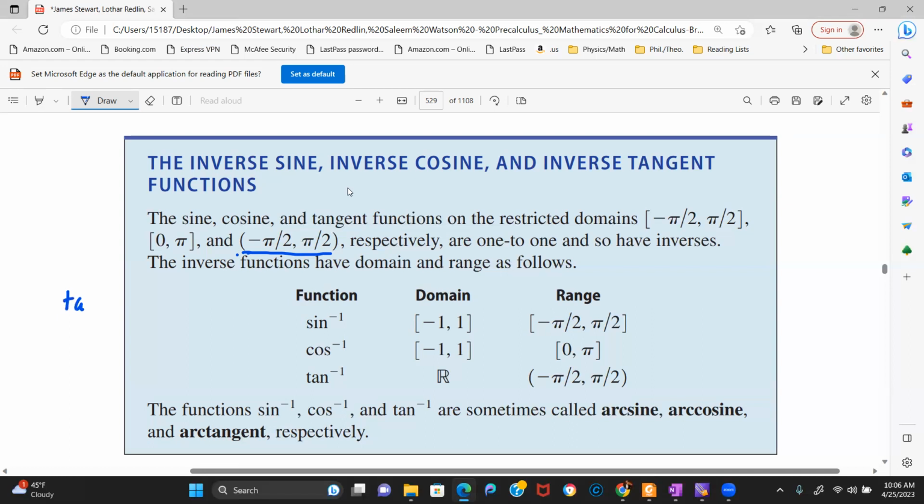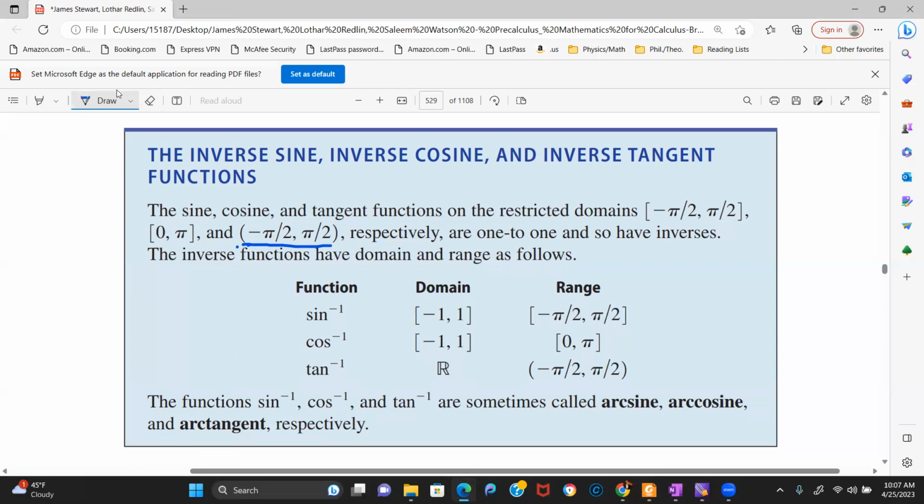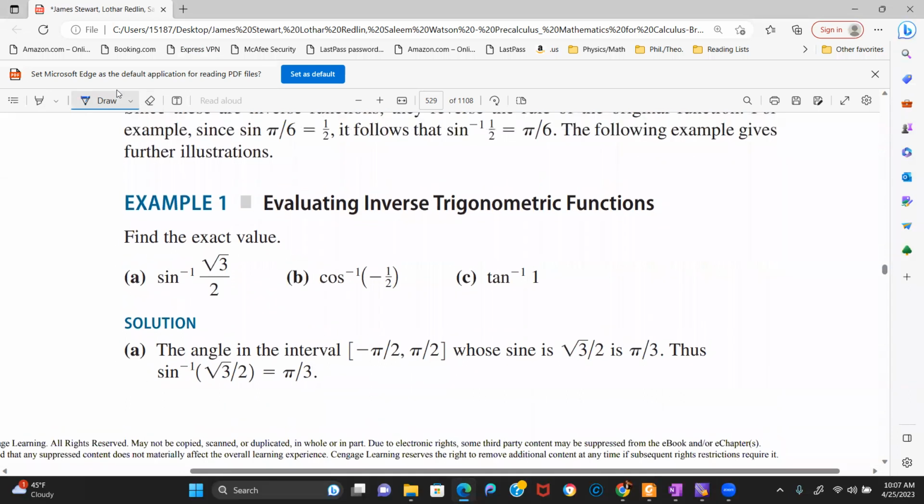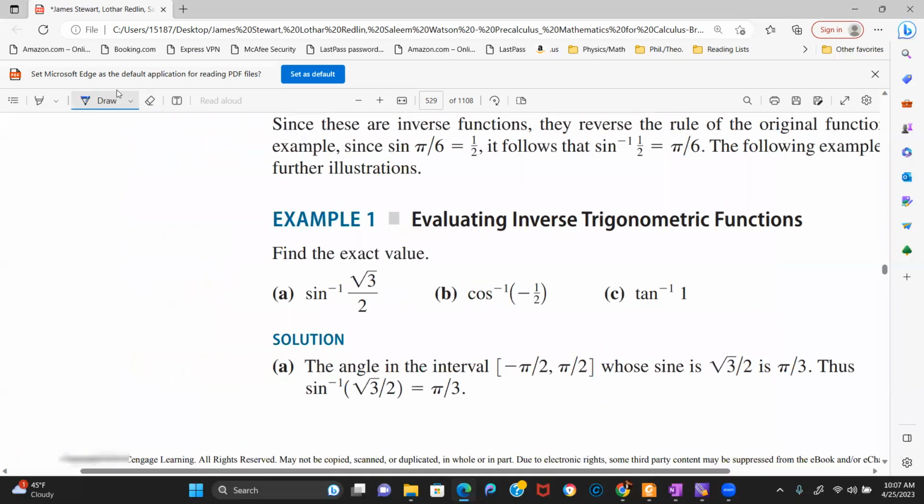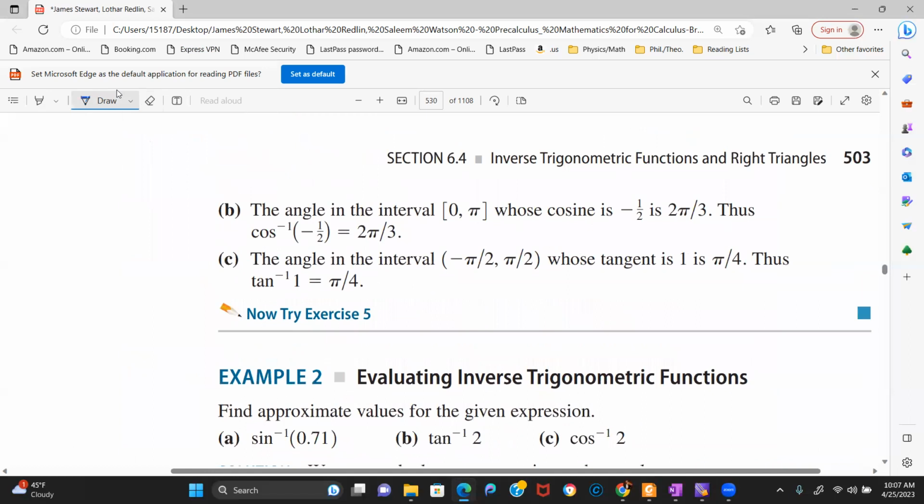Because remember, tangent of theta is equal to sine theta over cosine theta, and if you plug in pi over 2, for example, in the cosine, you get 0. So you're going to have an asymptote there. Okay, and so now we have these domains and then we have these ranges, and this is the notation. So let's look at some examples of how to calculate these.